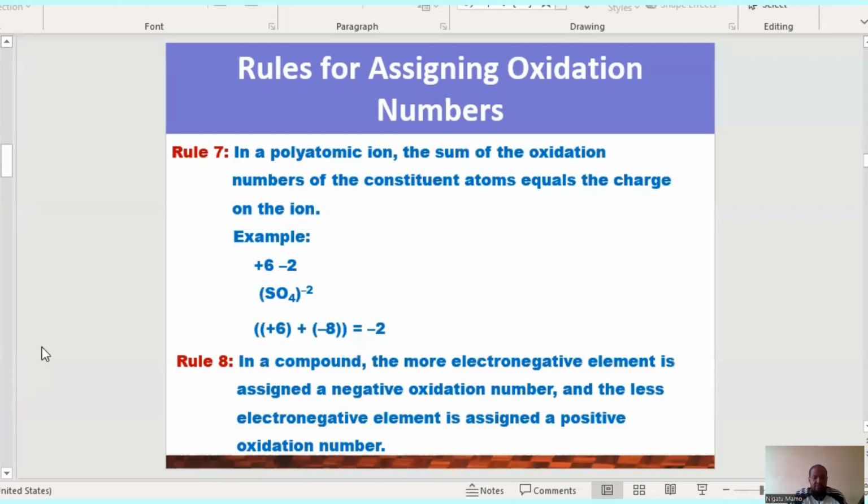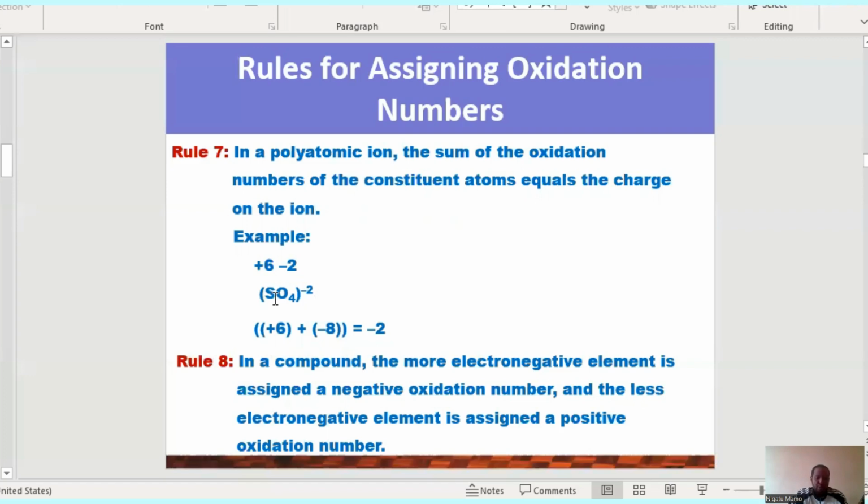Rule number 7: in a polyatomic ion, the sum of the oxidation numbers of the constituent atoms equals the charge on the ion. For example, SO4 2-, a polyatomic ion with a charge of negative 2. The sum of the oxidation states of each atom in this polyatomic ion equals negative 2.